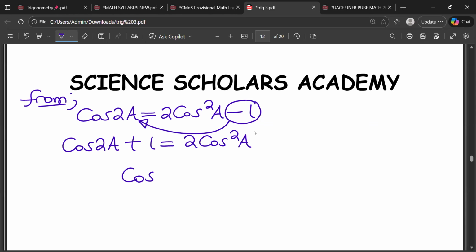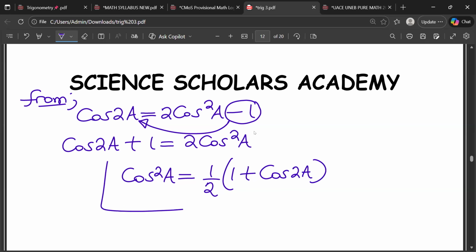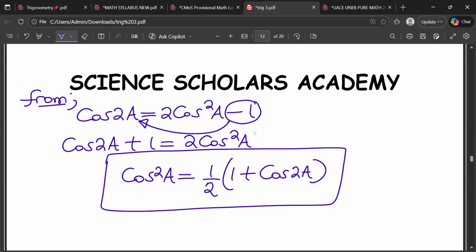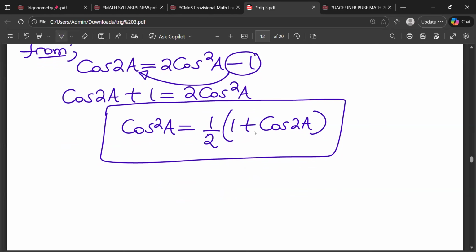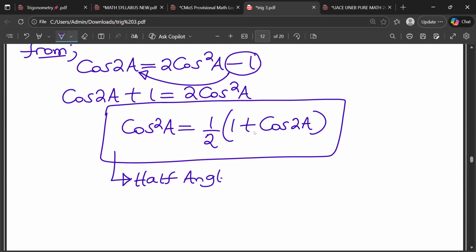That implies that cos squared A will be a half into 1 plus cos 2A. This is what they call the half angle of cosine, or the half angle of cos. And there are those ones, nothing else.